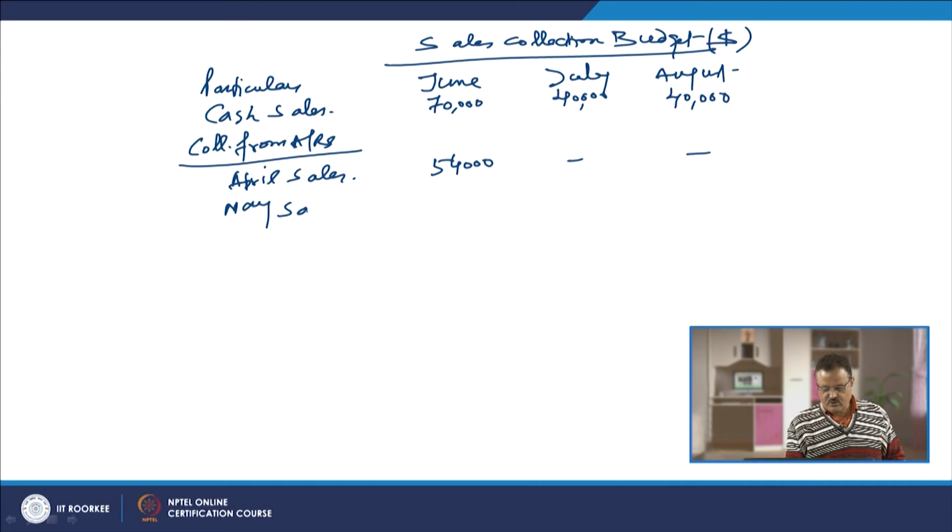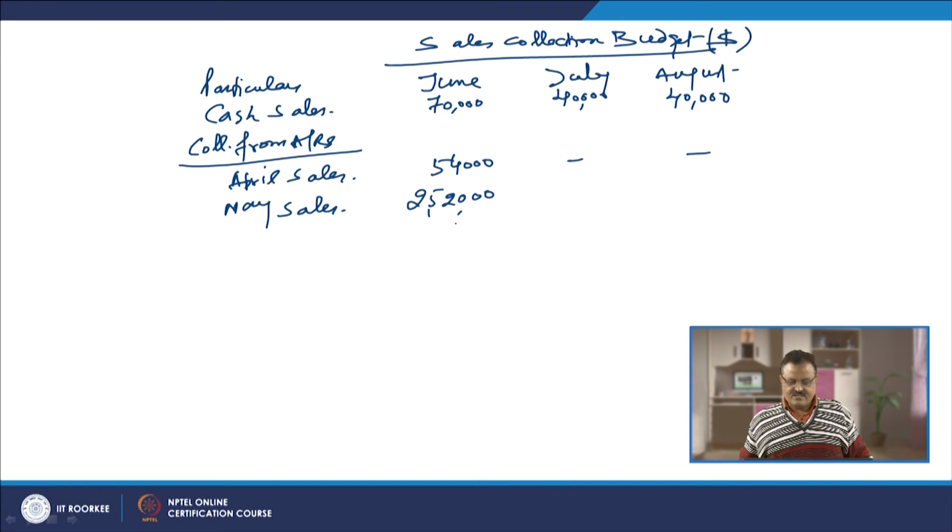Now, in the month of June we will collect partly from the May sales also. So, how much are we going to collect for the May sales? 252,000. This is 80% of the 90% credit sales which we made in the month of May, and we are going to collect that in the next month, and the remaining amount will be collected in the month of July.